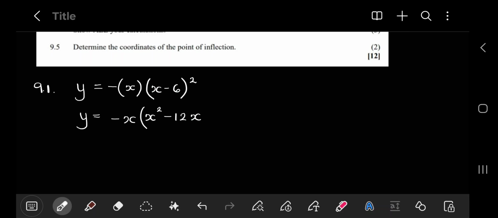That gives you negative 12x. And to get the third term, we square that second term. So that gives you plus 36. Now we're going to take this negative x and multiply it into the bracket with all 3 terms, giving us negative x cubed plus 12x squared minus 36x.